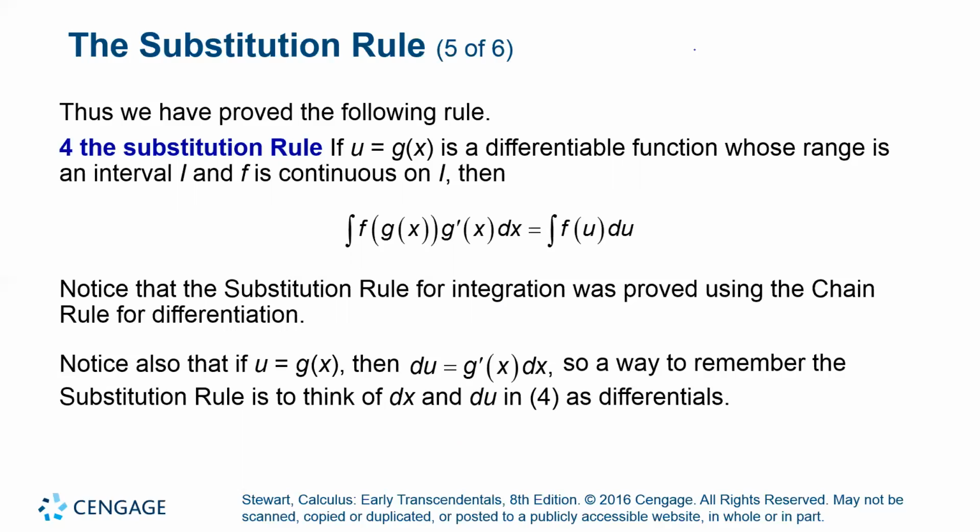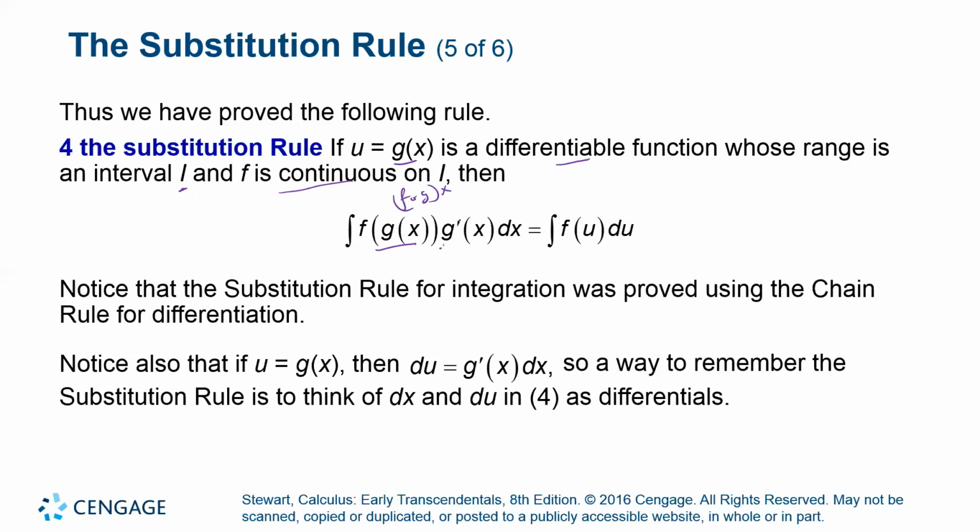If u is a function of x and is differentiable, whose range is an interval I, and f is a continuous function, then the derivative of the composite function f of g of x times the derivative of the inside function, if the integrand is a composite function times the derivative of the inside, that's when we use the substitution rule.